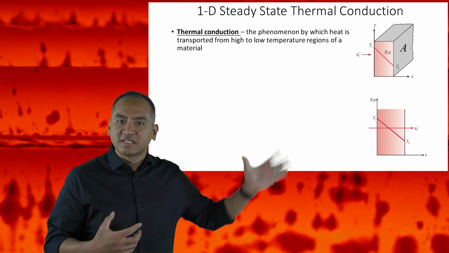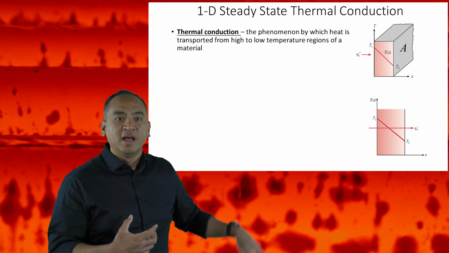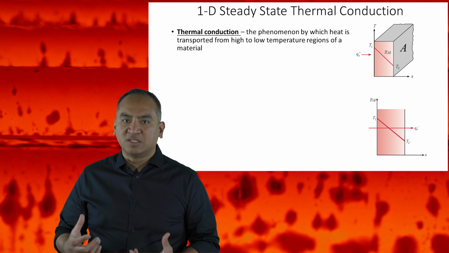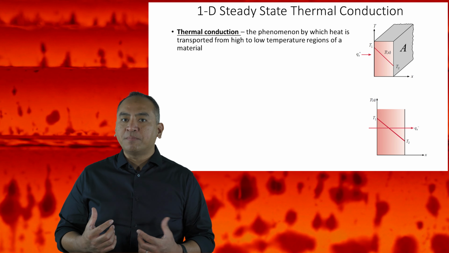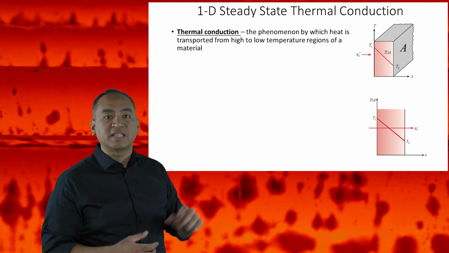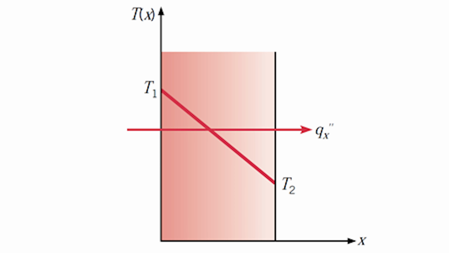Here you see this linear graph of temperatures along the plane wall in the X direction. The high temperature region is the left side of the wall, and the low temperature region is the right side of the wall. When such a temperature gradient exists, thermal conduction occurs and heat is transported from left to right.